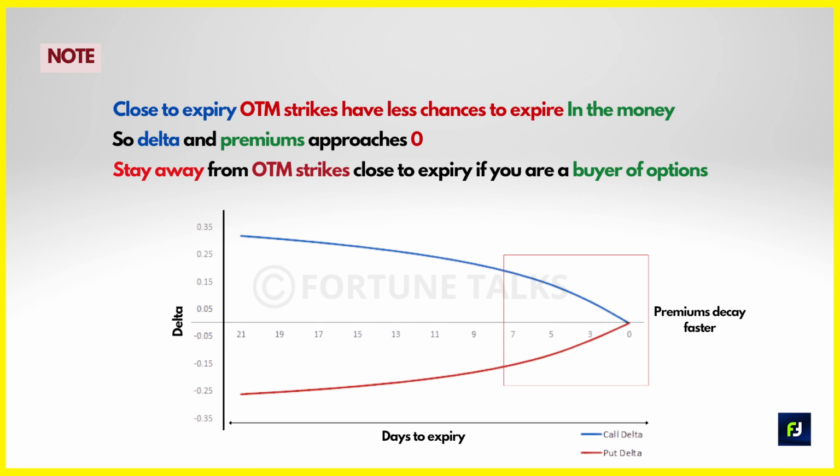As you can see, both calls and puts are approximately at plus or minus 0.25 delta with 21 days to expiration. As time erodes, there is less and less chance of both the OTMs and deep OTMs expiring in the money. So the corresponding delta for each option approaches zero as the expiration date closes in. So try to stay away from OTM strikes when you are very close to the expiry.